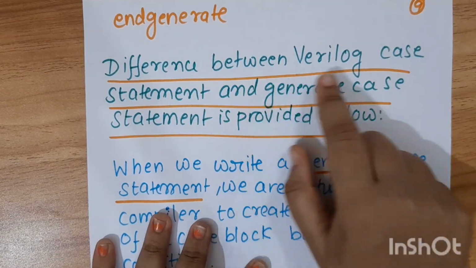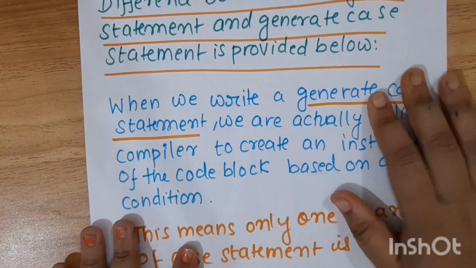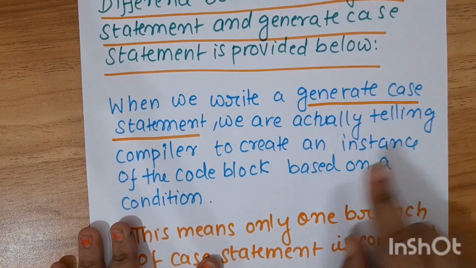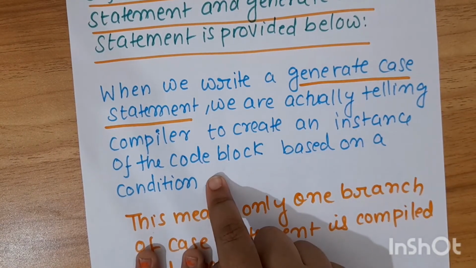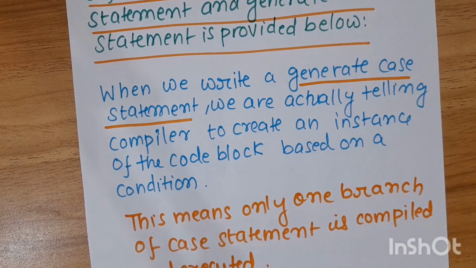The difference between Verilog case statement and generate case statement is provided below. When we write a generate case statement, we are actually telling the compiler to create an instance of the code block based on a condition. If the variable value is value 1, then execute this particular piece of code.